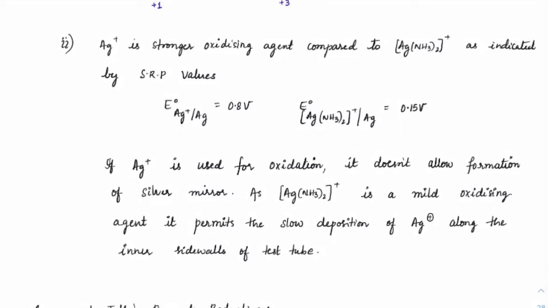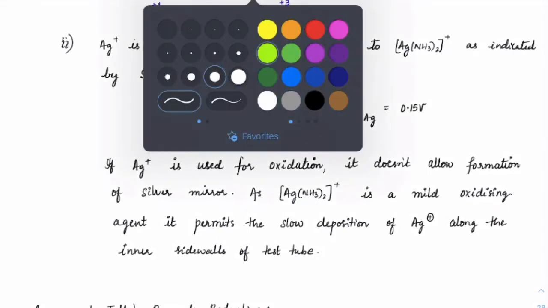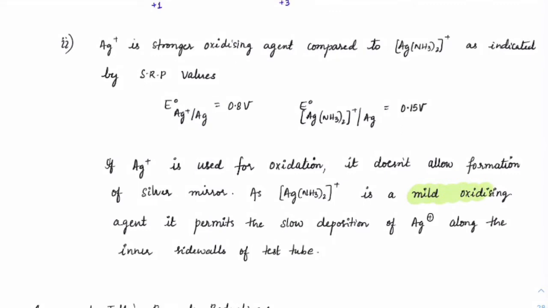Instead of that, we are using ammoniacal silver. The reason is Ag plus is a stronger oxidizing agent, so it will reduce so rapidly that it will settle down like a black precipitate of silver. But if you react with ammoniacal silver, because it is a mild oxidizing agent, we can expect a slow deposition. That's why on the walls of the test tube we will slowly see a mirror formation.